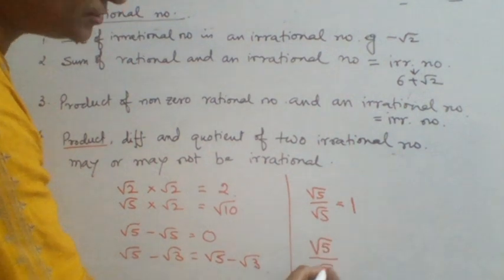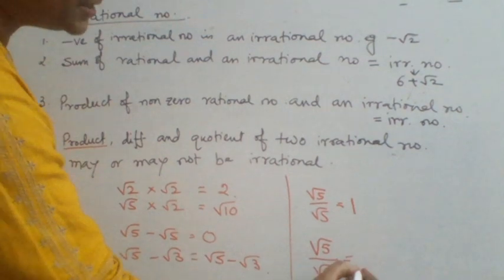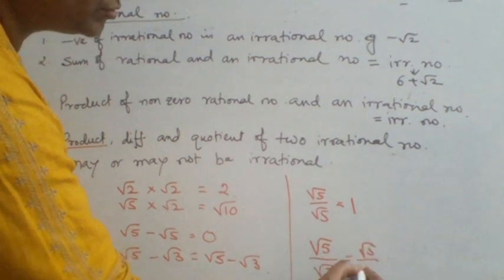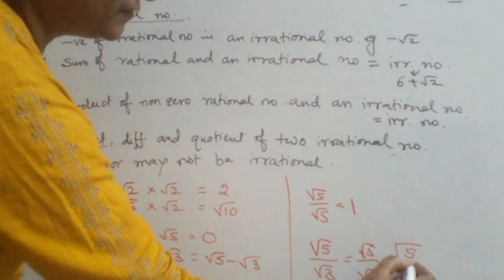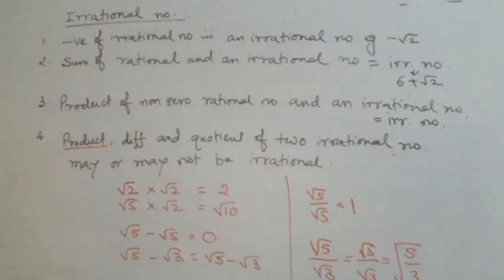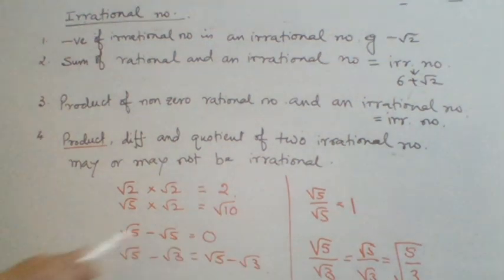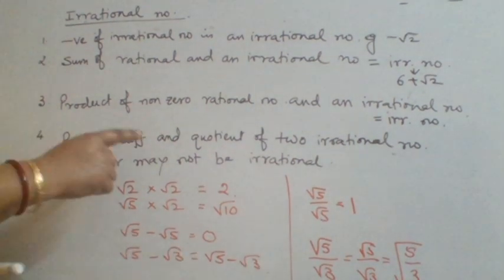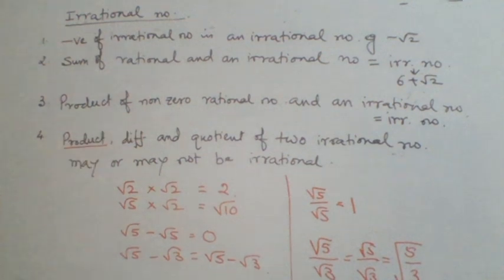You can write it like this, root 5 upon root 3, and also under a single root like root of 5 by 3. So this is an irrational number, and the earlier one is a rational number. This point is very important: the product, difference and quotient of two irrational numbers may or may not be irrational.